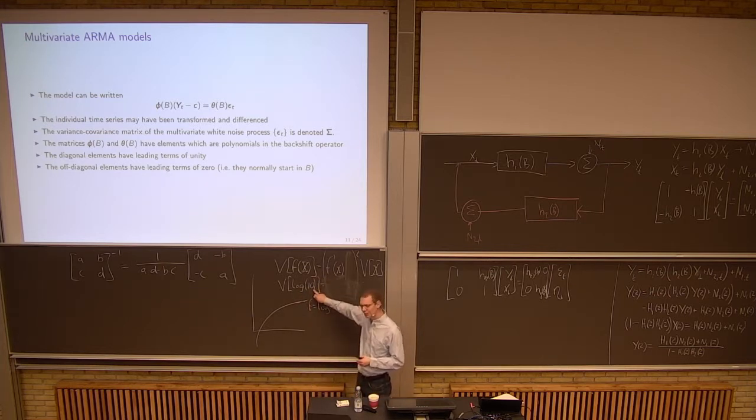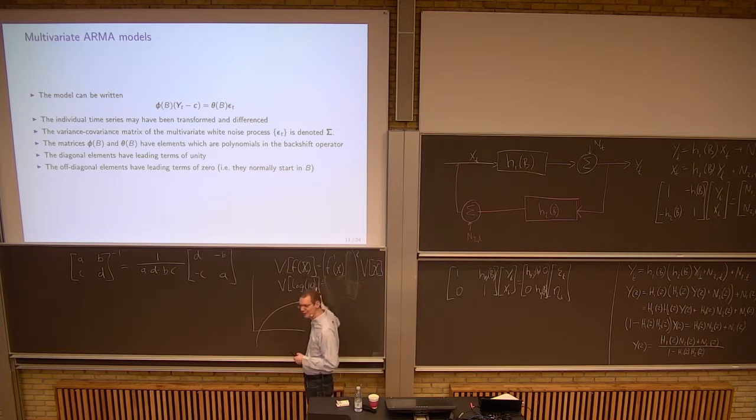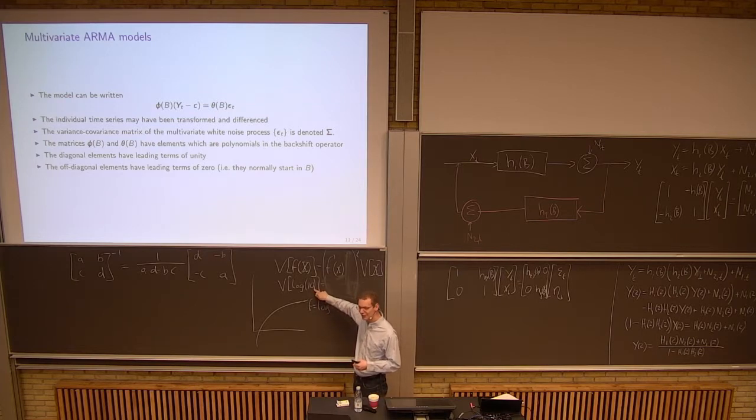Now the problem is that it becomes a number and not a random variable. So that's not so good. Because now the variance of this is 0, right?